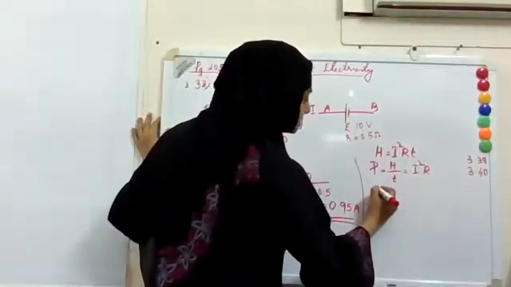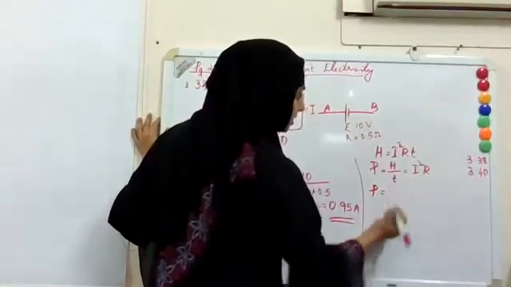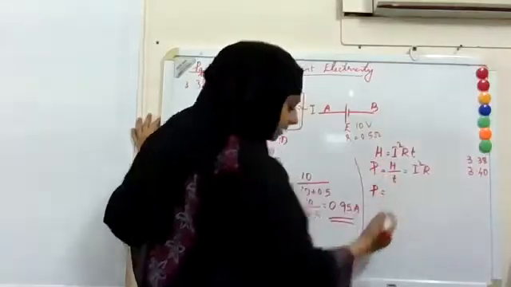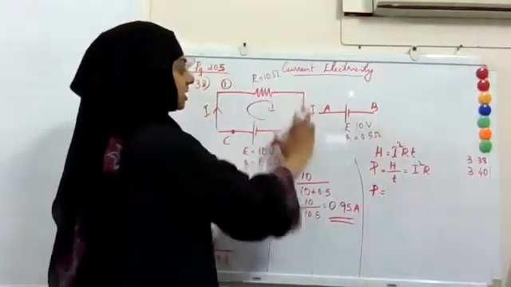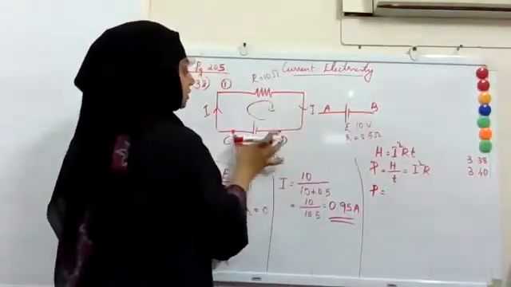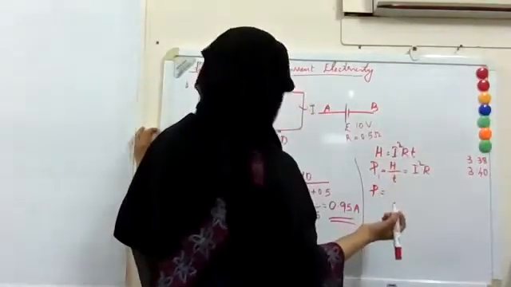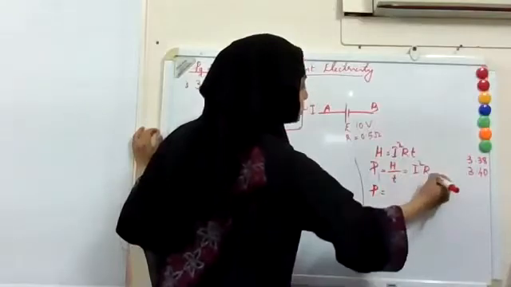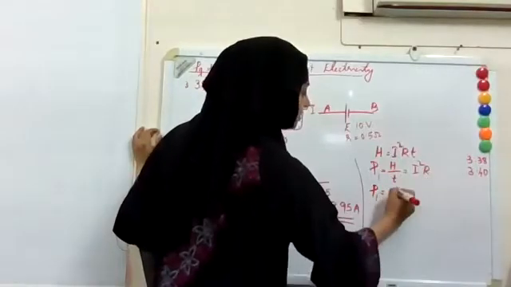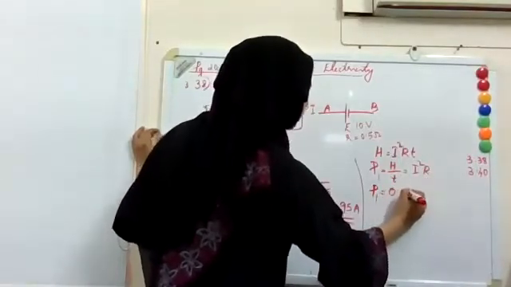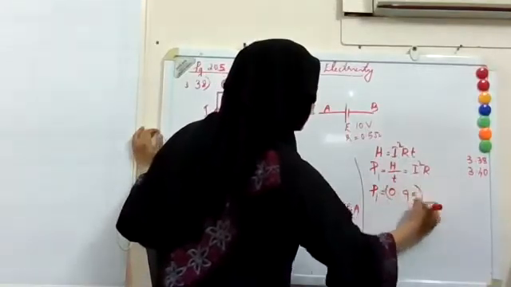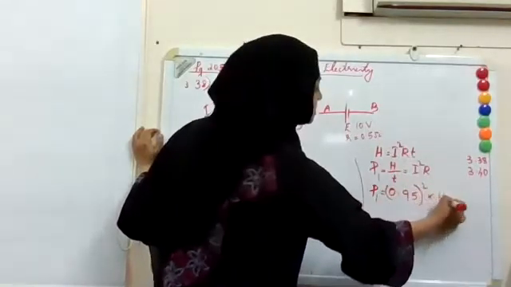So power is equal to, this is for the case when we are not connecting AB parallel to CD, only this one. So case 1, so I am writing H1 is equal to I square R, that is equal to 0.95 the whole square times R, which is 10.